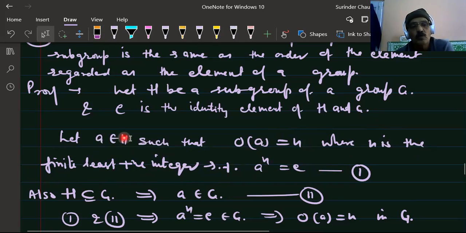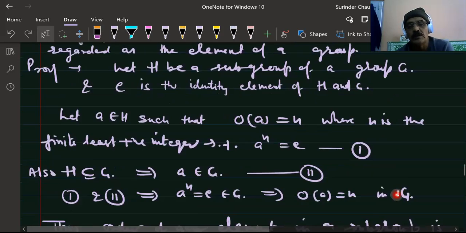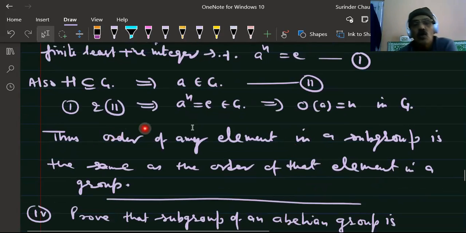Now A belongs to H, and H is a subset of G, therefore A also belongs to G. The first and second imply A to the power N is equal to E, and A also belongs to G, because G is a group, therefore the order of A is the same. Thus the order of any element in a group and a subgroup is the same, and the order of an element will not change whether we take it in the group or the subgroup.